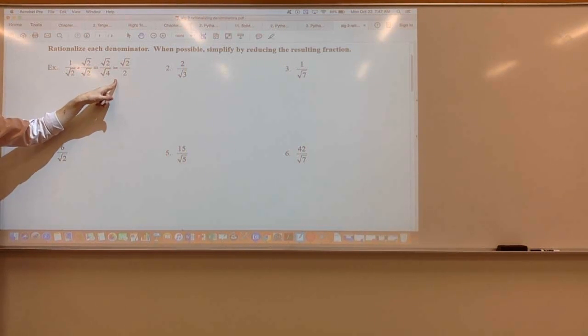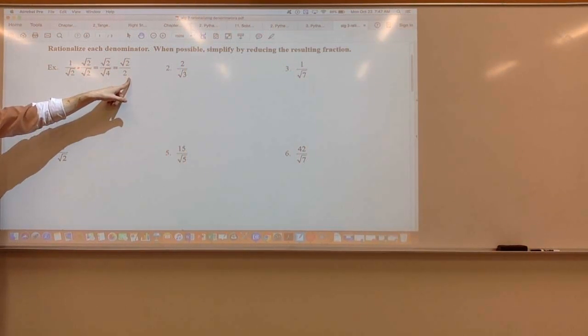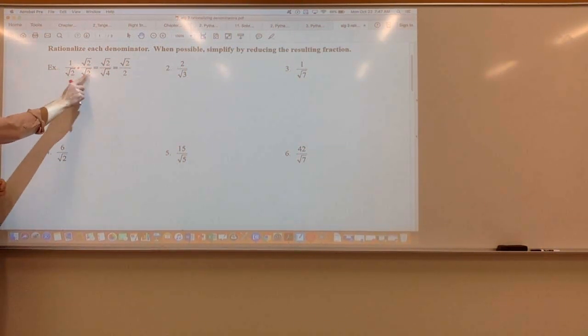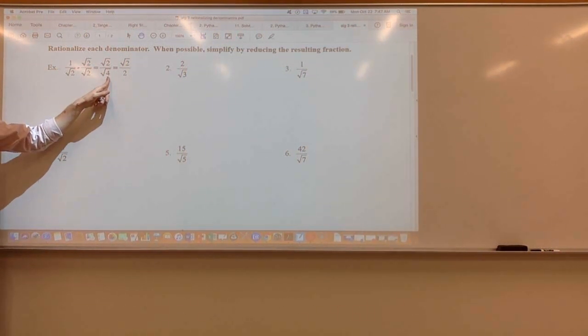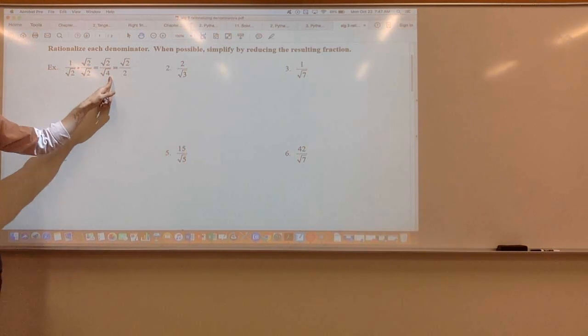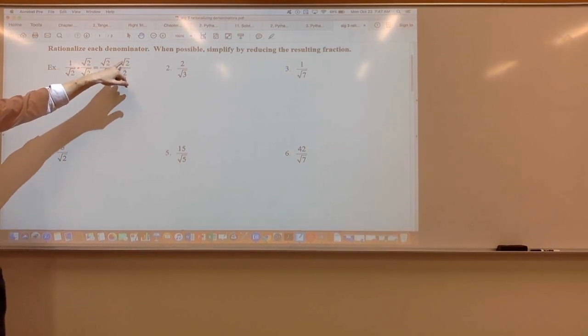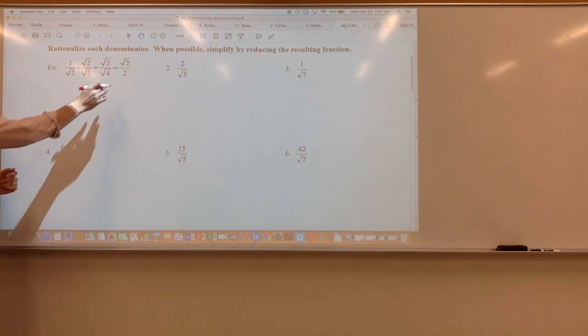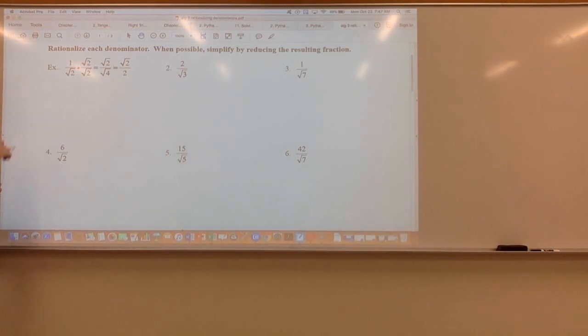Well, what is the square root of 4? 2. The square root of 4 is just 2. So the reason that we do that, multiplying a radical by itself should always create a perfect square that we can then take the square root of. So I get the square root of 2 over 2. That is my simplified version of my original fraction.